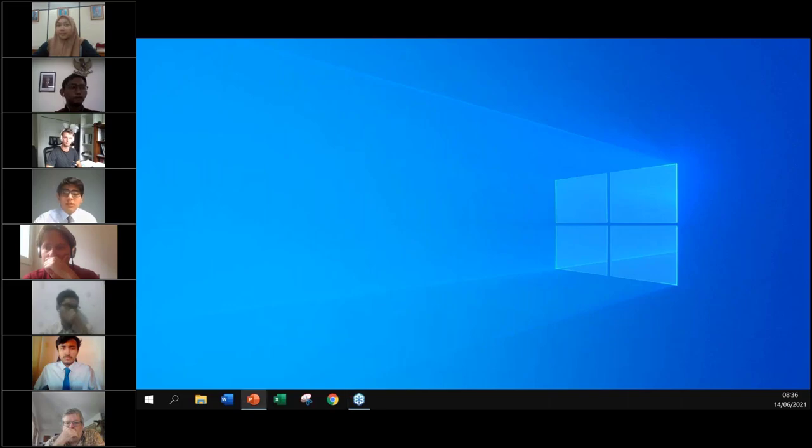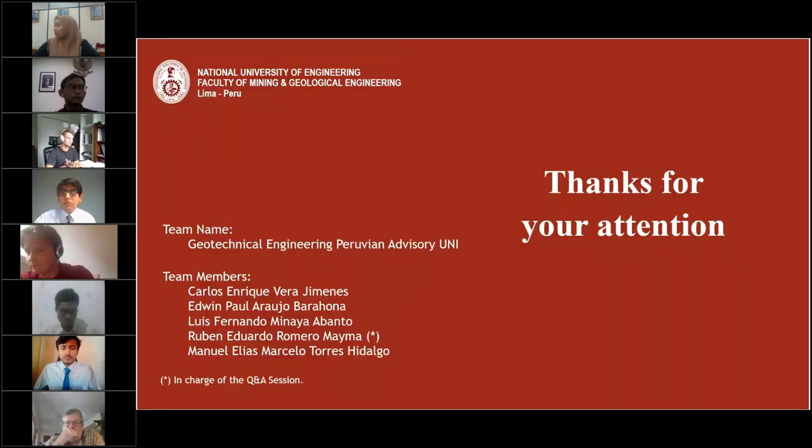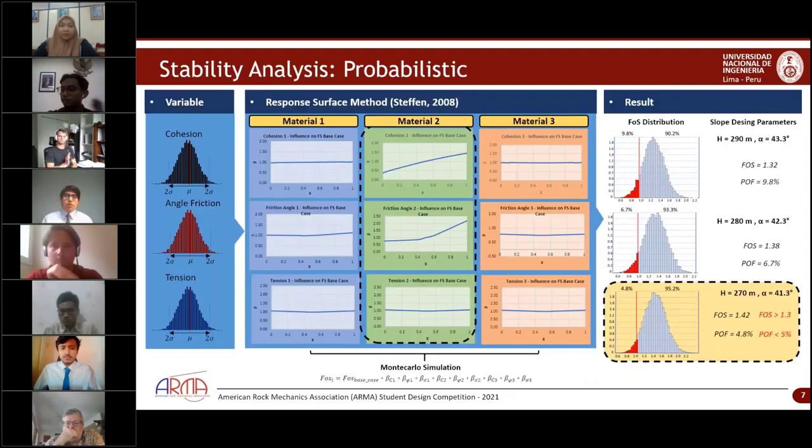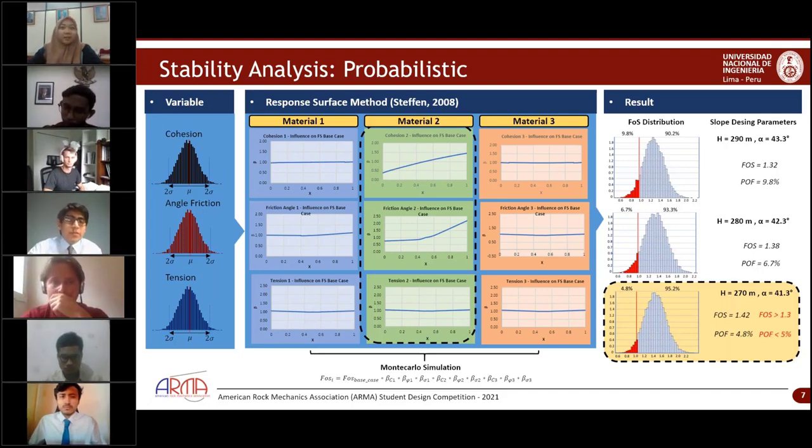For the Monte Carlo simulation, in general, we considered these variables, the three most important, and we used the Monte Carlo simulation to construct this graphic, and using these graphics to obtain the probability of failure.